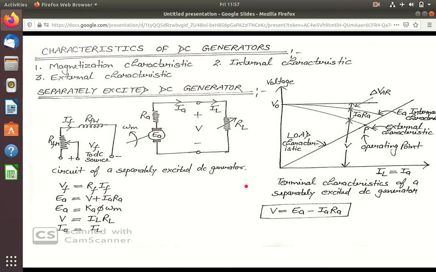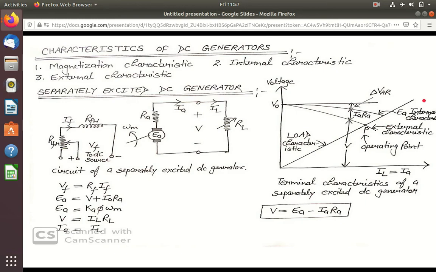This represents your external characteristic. IA RA, voltage versus load current, represents the internal characteristic, and delta VAR represents the voltage drop due to the demagnetization effect of armature reaction. So this is the terminal characteristic of a separately excited DC generator.